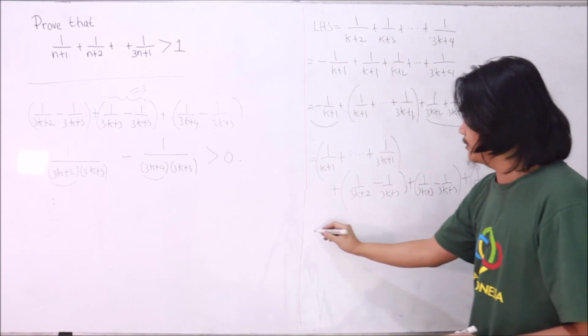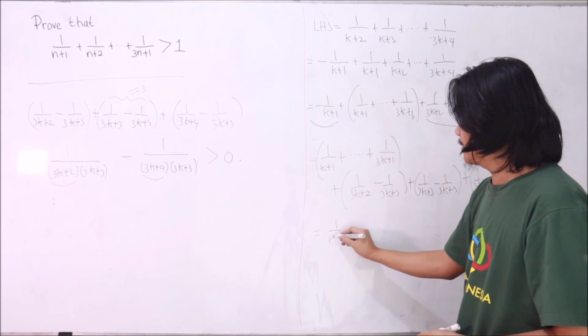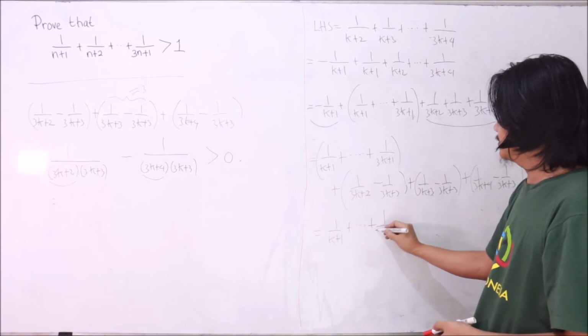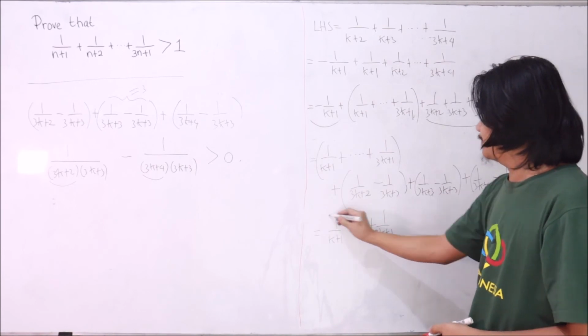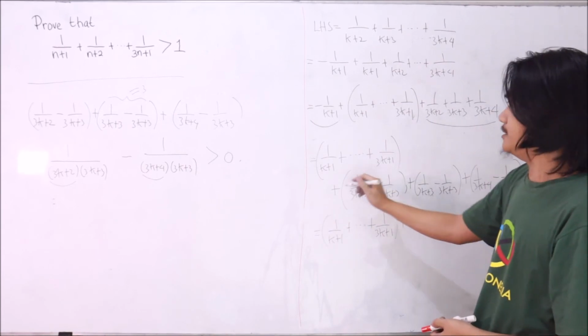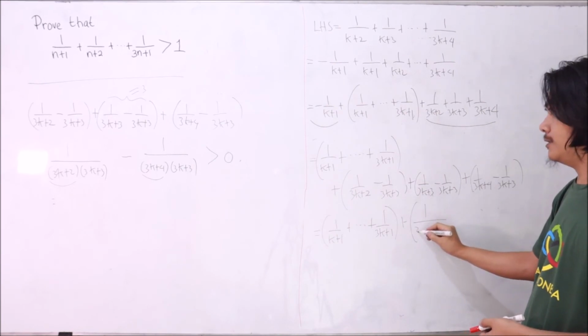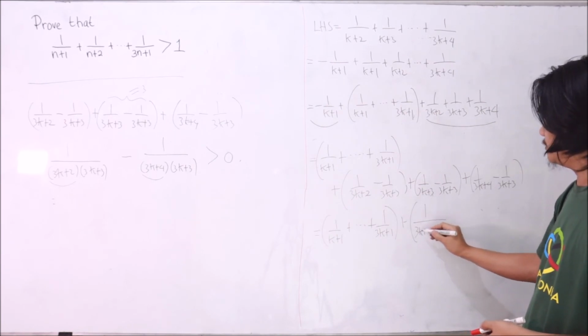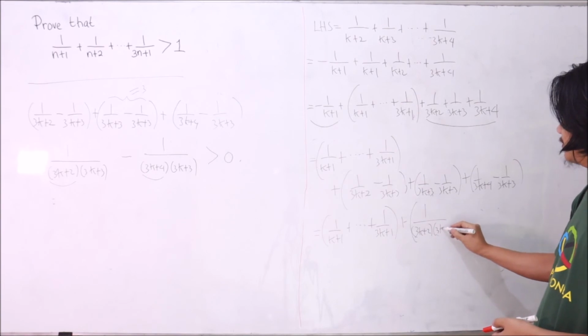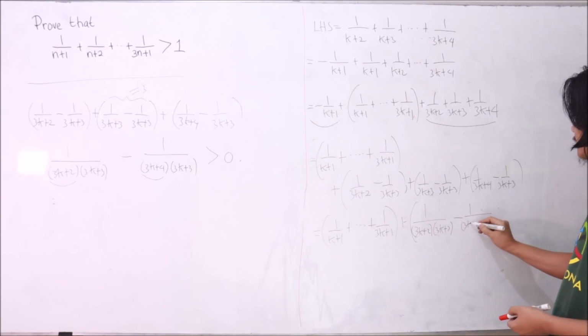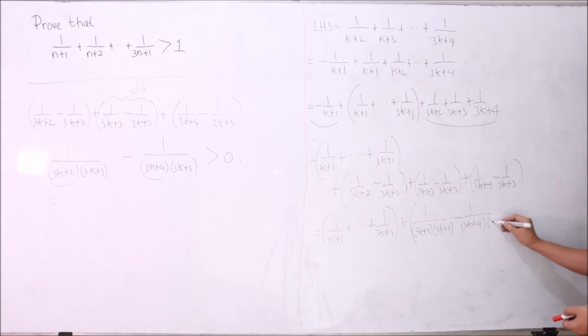And then we write this as 1 over 3k plus 1 plus this guy, plus 1 over 3k plus 2 times 3k plus 3 minus 1 over 3k plus 4 times 3k plus 3.